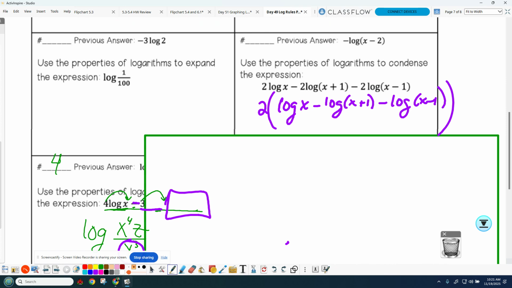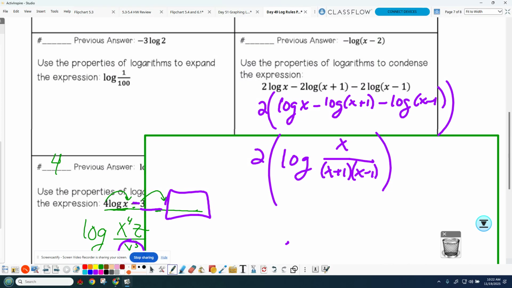So Holiday, this is gonna be log of something, there is a fraction because there's things being subtracted. What goes on the top? X. X is the only positive one, and then what's on the bottom? X plus 1 and X minus 1.